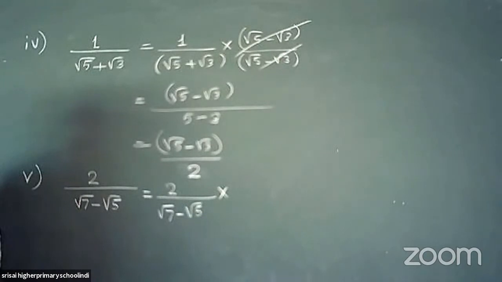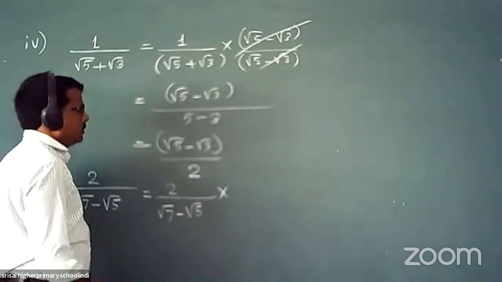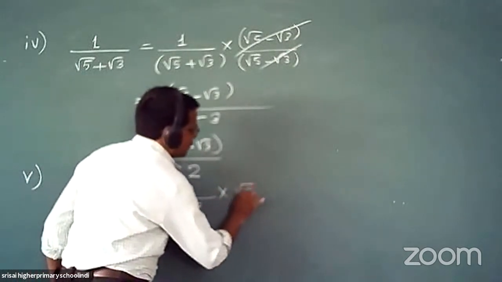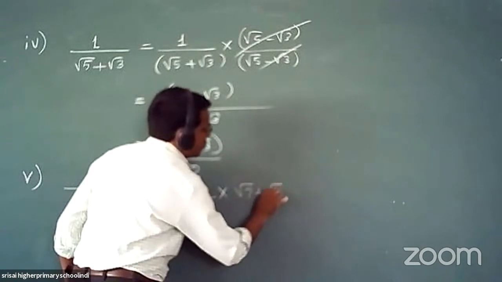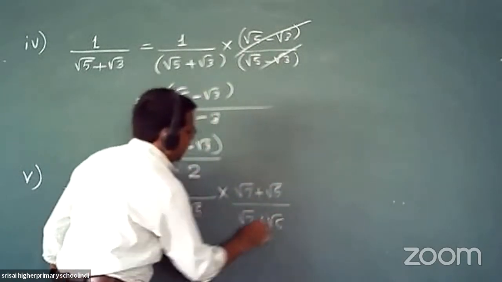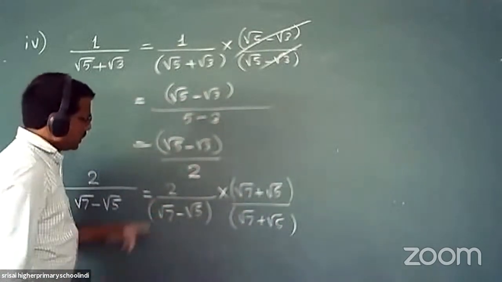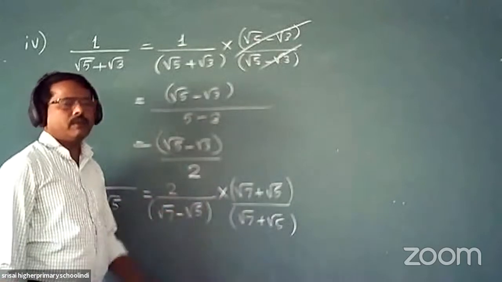Square root of 7 plus square root of 5. Yes, square root of 7 plus square root of 5 divided by square root of 7 plus square root of 5. Why? Because we should get the denominator in a plus b, a minus b form.